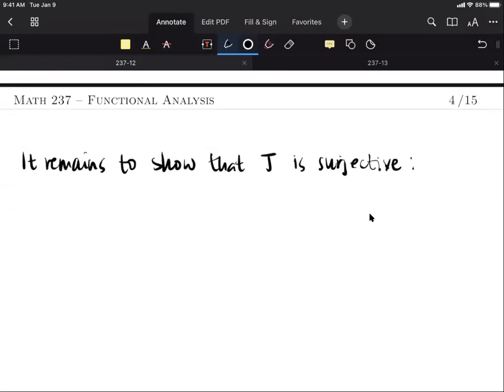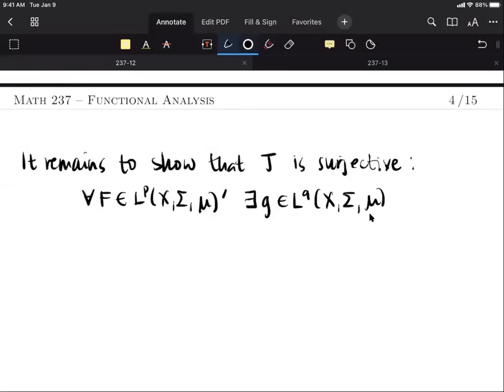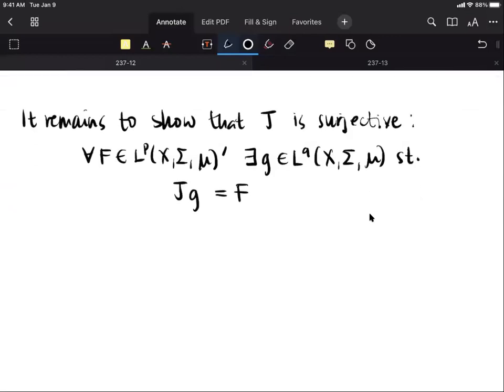And by definition, this means that for any F in the dual of L^p, there must be a g in L^q such that J of g is equal to F. And the latter statement is equivalent to J_g of f is equal to F of f for all f in L^p.